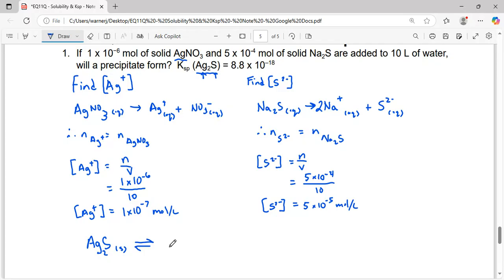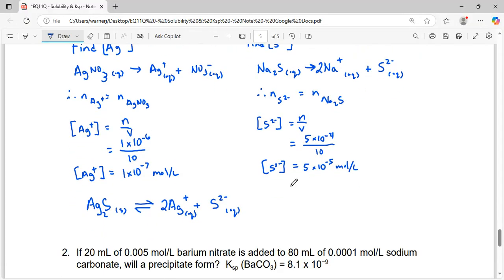This is an insoluble salt, so it sets up our equilibrium. We get 2 silver ions and 1 sulfide ion in this equilibrium, which is important because when we set up Q, it is going to be the same setup as our KSP. So it's silver ion concentration squared times sulfide ion concentration.